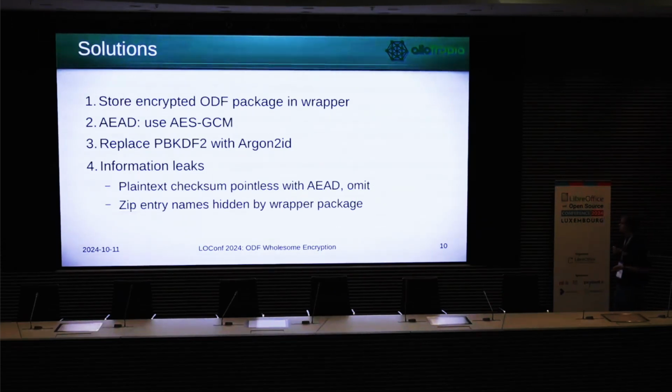And as for the information leaks, if we use authenticated encryption, then having a plain text checksum is just pointless. We can just leave it out. And the names of the zip entries will be in the inner package, which is encrypted, so no longer visible. That problem is also solved.